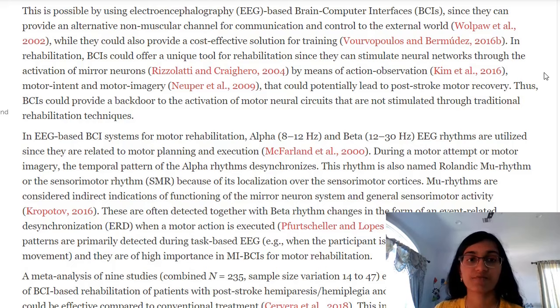Thus, BCIs could provide a backdoor to the activation of motor neural circuits that are not stimulated through traditional rehabilitation techniques. Essentially, a person would not necessarily have to move their body at all if they don't have the ability to do so in order to use the BCI-based VR. And this allows someone to get rehabilitation treatment even if they don't have a wide range of movement.